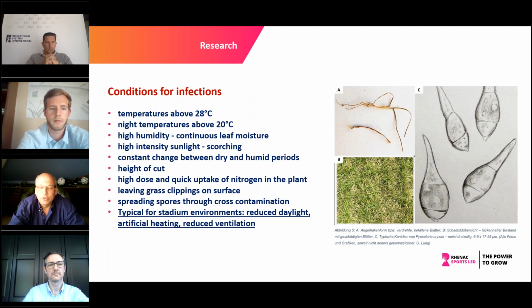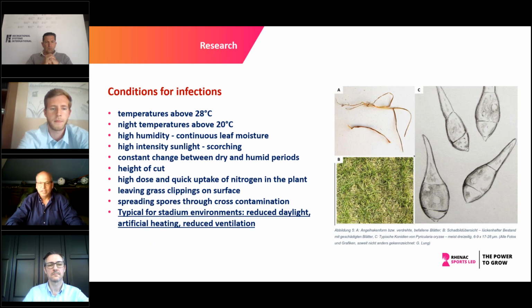High intensity of sunlight helps as well, scorching the grass. Basically, it weakens the plant, and the plant is more susceptible to infections. And also constant change between dry and humid periods. Typically in a stadium, you have that on a day-to-day basis, because it will be dry in the afternoon, but it will be moist again in the morning, and the same applies on greens between the tree lines.